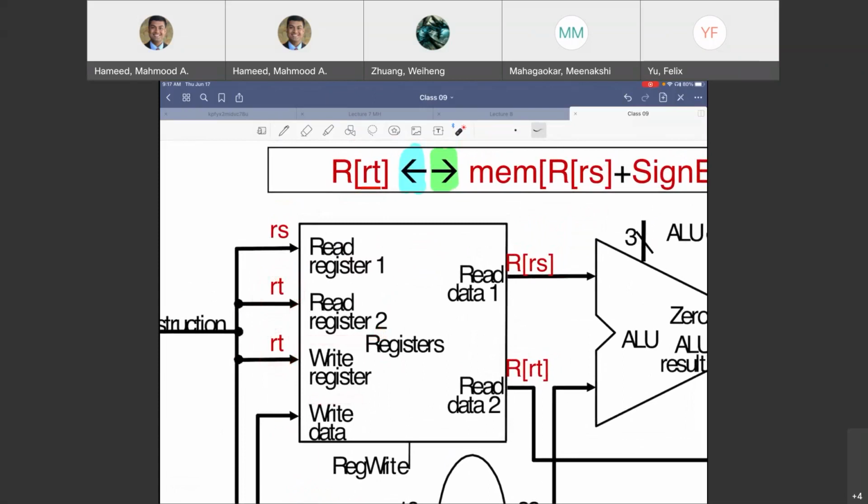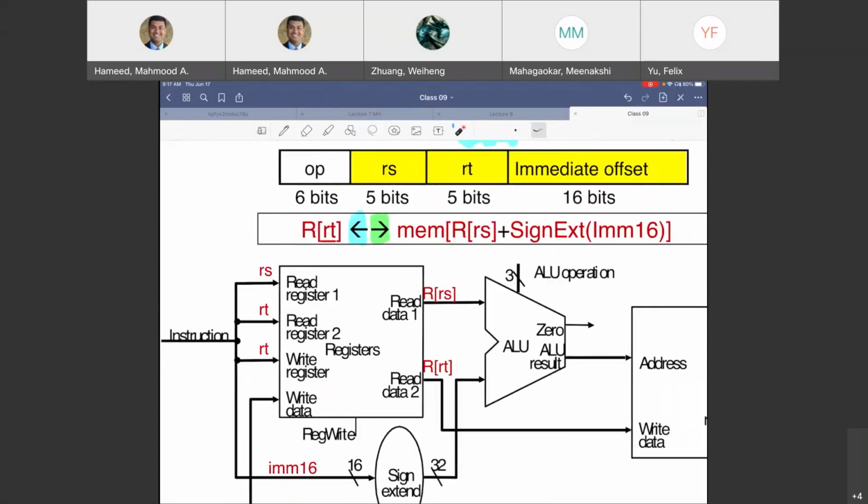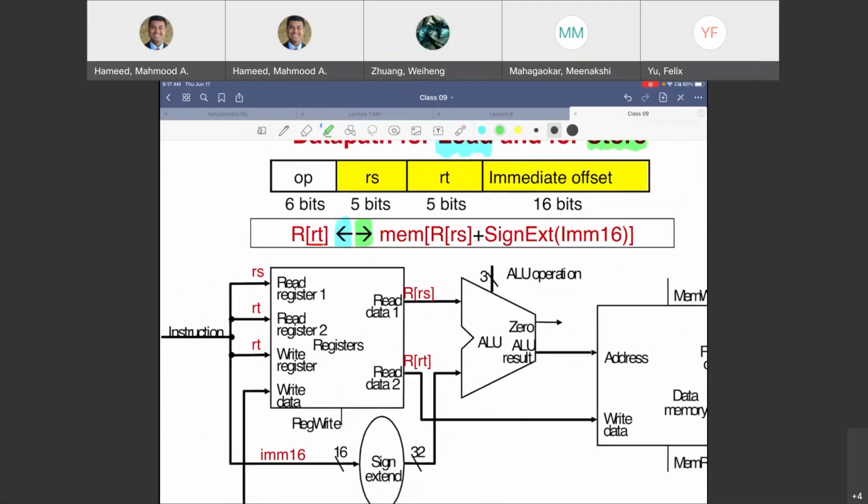So tell me, for store, is RT functioning as a write register or read register? For store to memory, right? So read, you're right. And for load, you are loading things from memory into a register, right? So you're writing now. You guys see that?